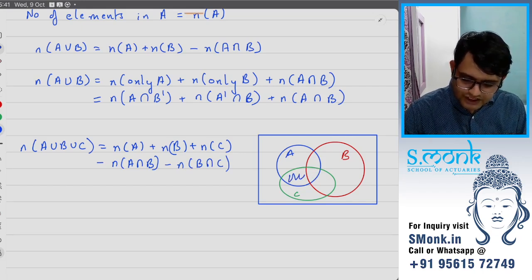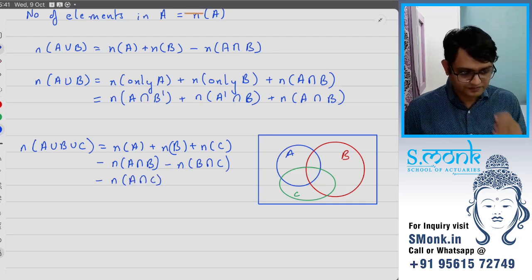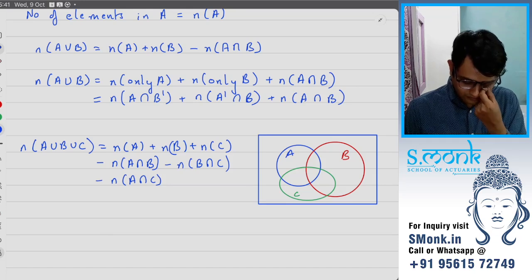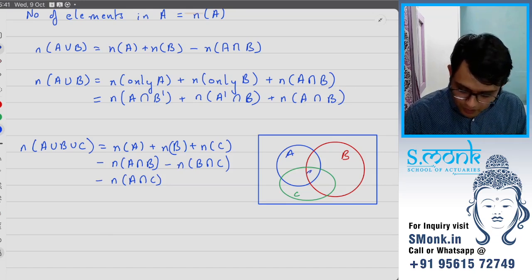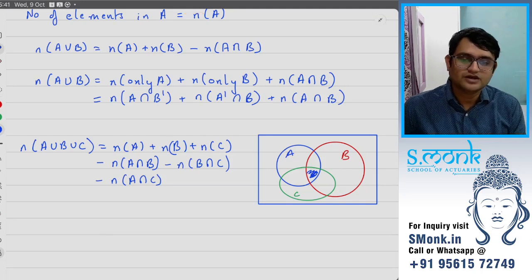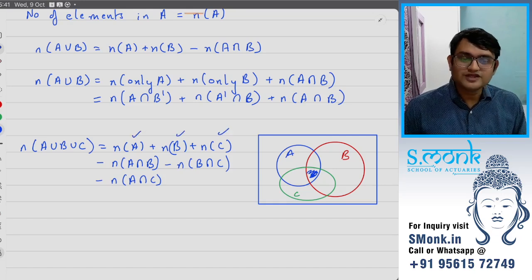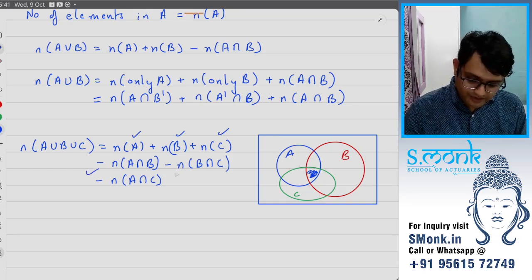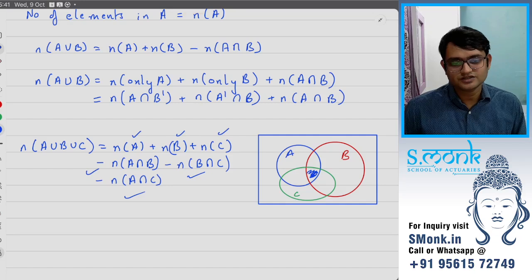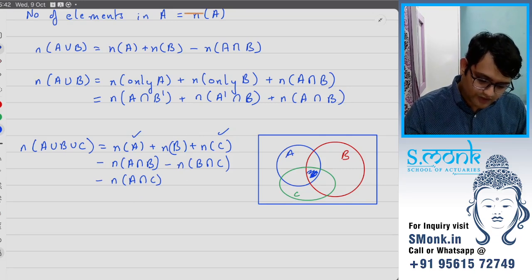Similarly, this region has been added twice. So that is number of elements in A intersection C. Now what is happening is this small region that is called a triple intersection, where all three are intersecting, had been added 3 times in A, B and C, and has been subtracted 3 times in A intersection B, B intersection C and A intersection C. So added 3 times, subtracted 3 times, we don't have that, so we will add them again.